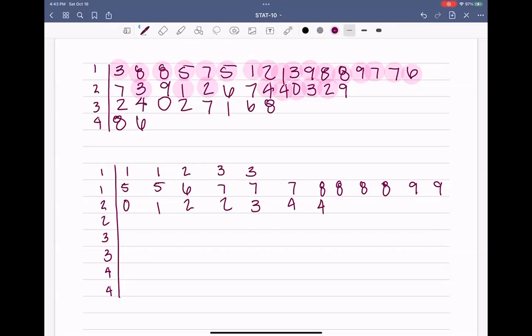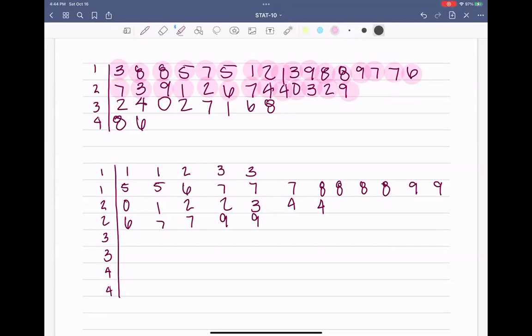And 5 is going to belong to the next family. So with 5, we have no 5s. 6s, we have 1 6. 7s, we have 1, 2 7s. 8s, no 8s. 9, we have 1, 2 9s.